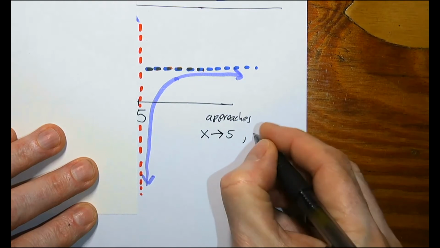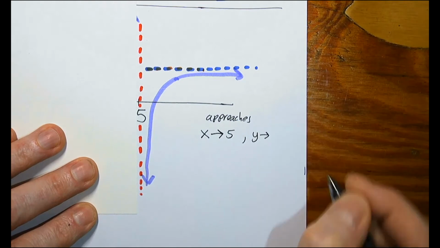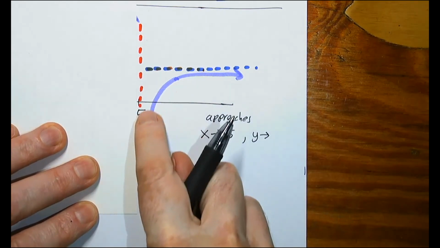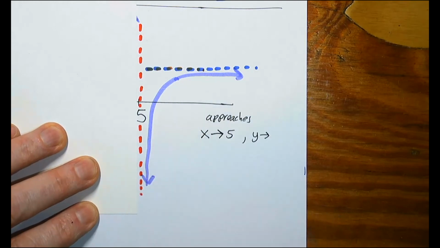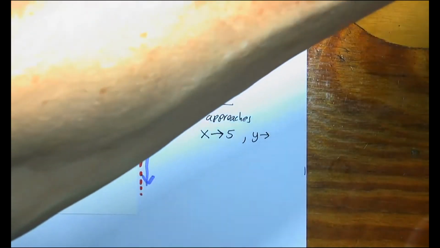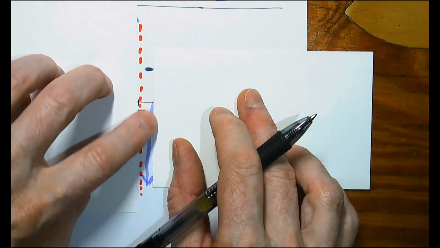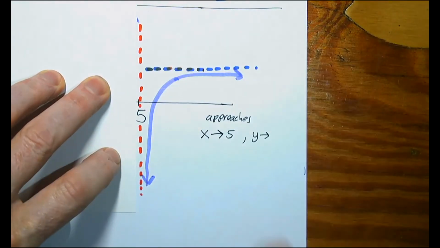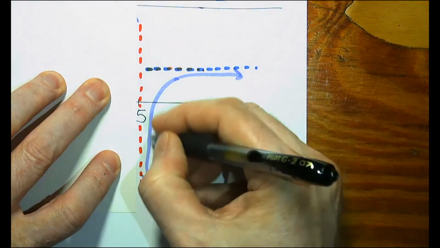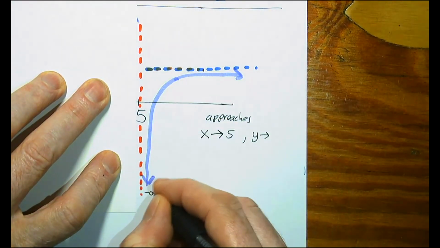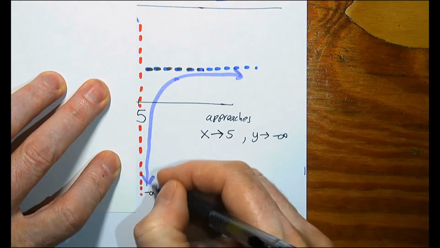Well, they're going down, right? So as the kids get close to 5, imagine there's a child. As he gets really close to 5, where's he headed? Where are the y's headed? You're like, well, he's going down to negative infinity, isn't he?